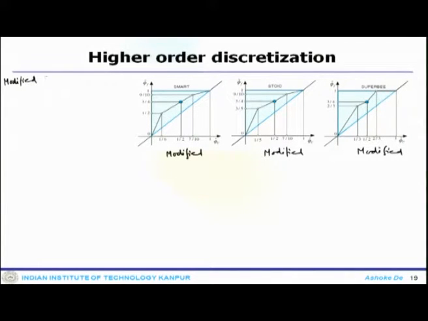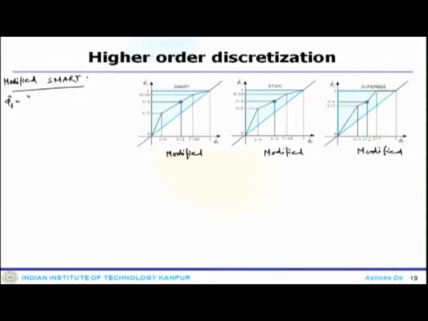So first look at the modified SMART profile, what it says. One can easily see from this figure that there is a profile which goes from 0 to 1/6, then there is a segment between 1/6 to half, then half to 7/10, and then 7/10 to 1. So exactly this is how the phi f is going to be.